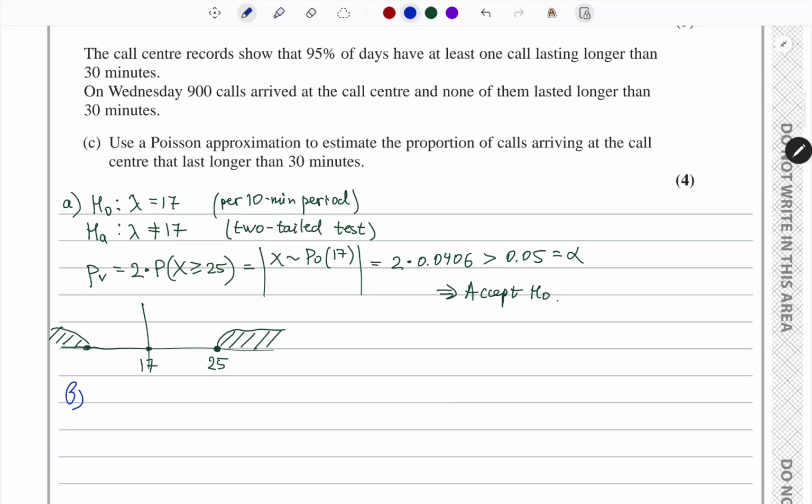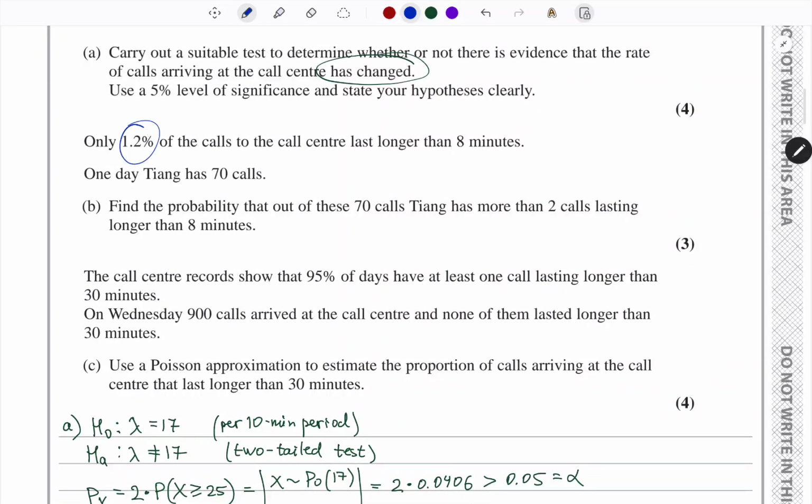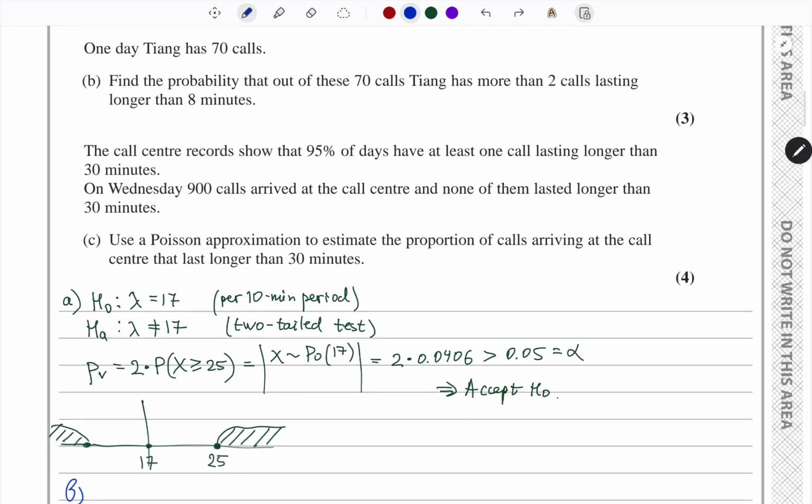So part B. Only 1.2% of the calls to the call center last longer than 8 minutes. One day, Chang has 70 calls. Find the probability that out of these 70 calls, Chang has more than 2 calls lasting longer than 8 minutes. I think it's all about the binomial distribution.